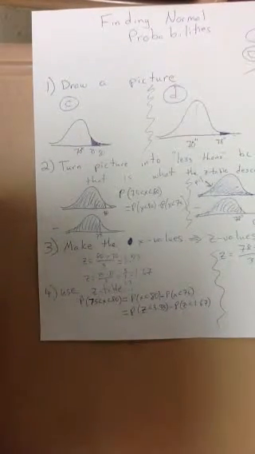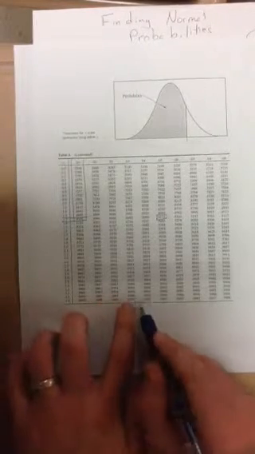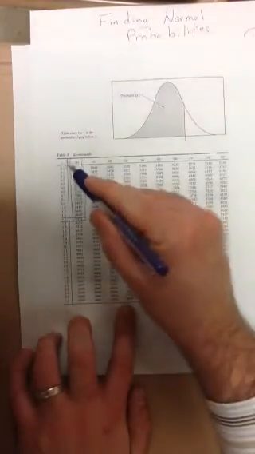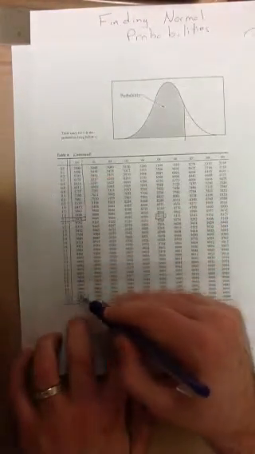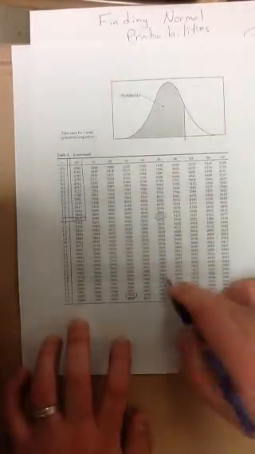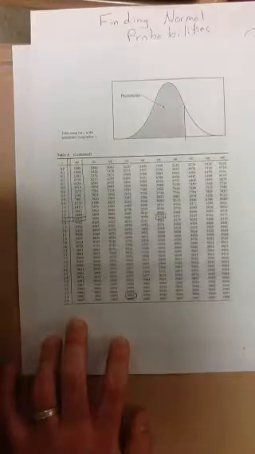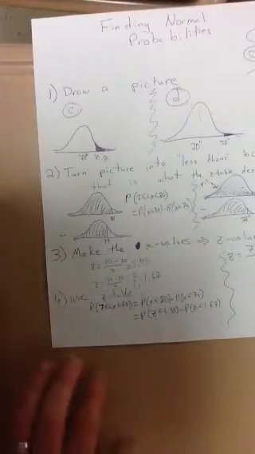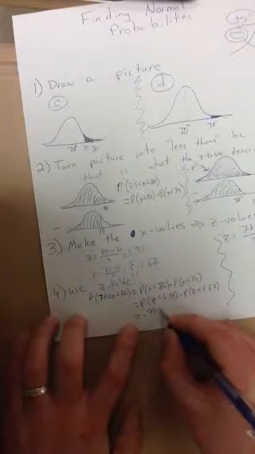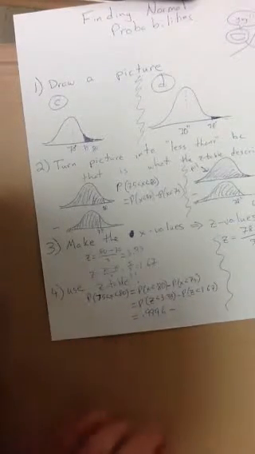So we look at the z table for 3.33. So 3.3 is here, and 3 is over there. That's 0.9996. So you look at the z's on the left, 3.3, 3. Now remember, this body is all probabilities, and then the fringes are the z values. So that is 0.9996 minus, now we need to look for 1.67.